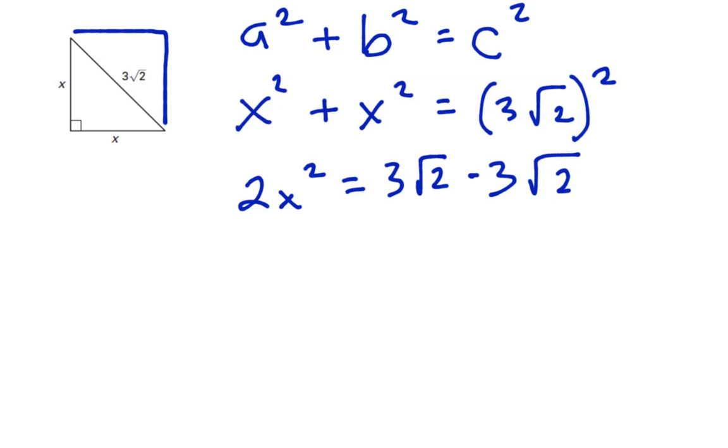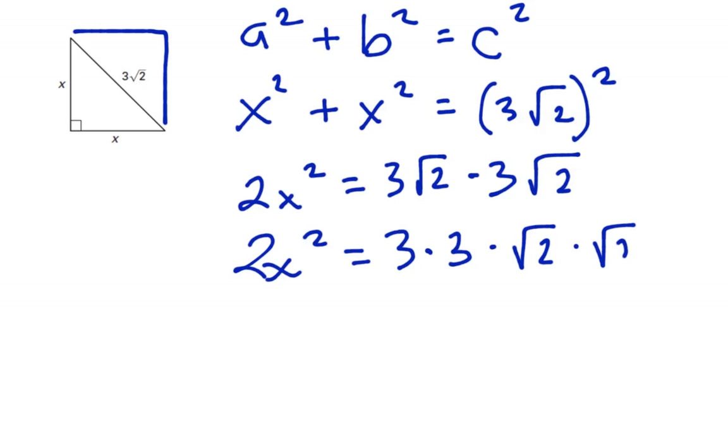If I use the commutative property of multiplication, I can get 3 times 3 times square root 2 times square root 2. I have just rearranged the parts that I'm multiplying together. There are 4 of them, 2 of them being 3's, 2 of them being square root 2's.